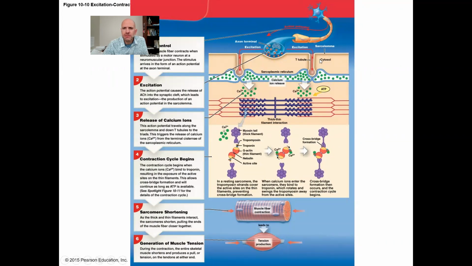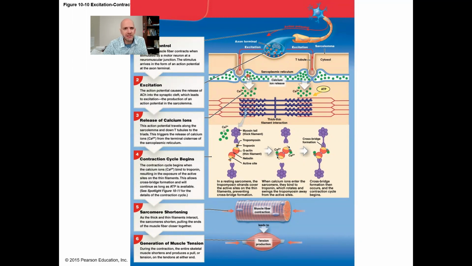Make sure that you have a good understanding of the sequence of events that occur from the neuron here, the arrival of an action potential from the neuron to the motor end plate, and how that signal arrives into the myofibril.